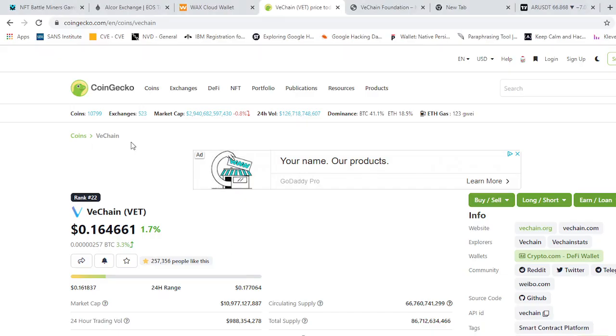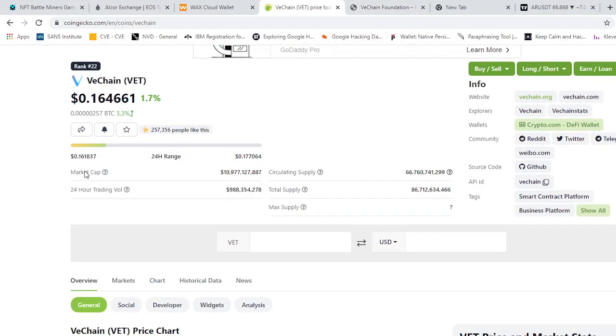You go back to CoinGecko or CoinMarketCap, and you see right here, market cap, circulating supply, total supply, right there. That's where you find that.